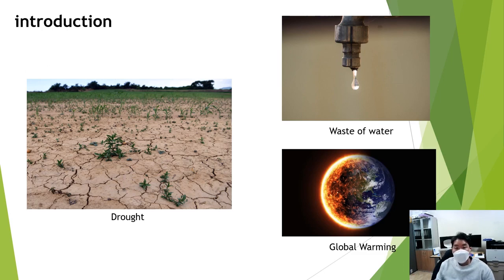Due to the rapidly increasing population in recent years, much effort has been made to increase the food supply required for human survival on Earth. In addition, it is urgent to prepare measures for efficient irrigation of crops due to droughts caused by climate change such as global warming.